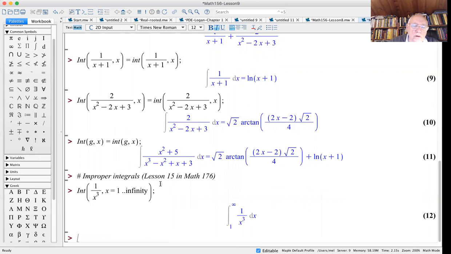Now, the way you learn how to do this in Math 176 is this is a limit of the integral from 1 to b as b goes to infinity.